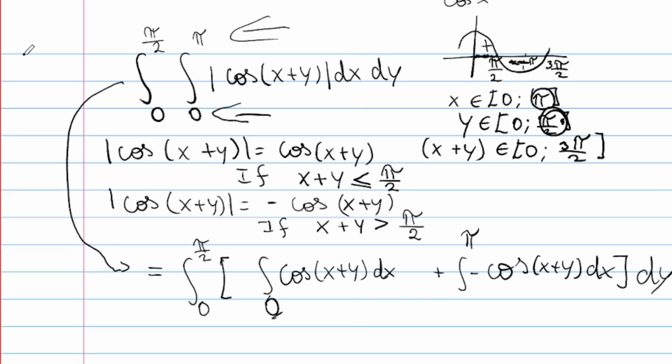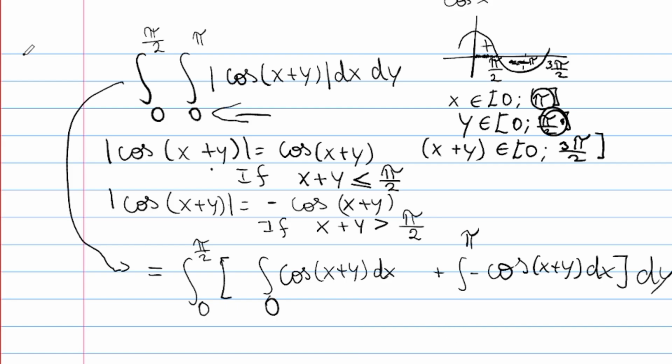That's why I put this 0 to pi, but I've separated the integrals because there is one where it's positive and another where cosine of x plus y takes negative numbers, because of this absolute value. Okay, we can go back.